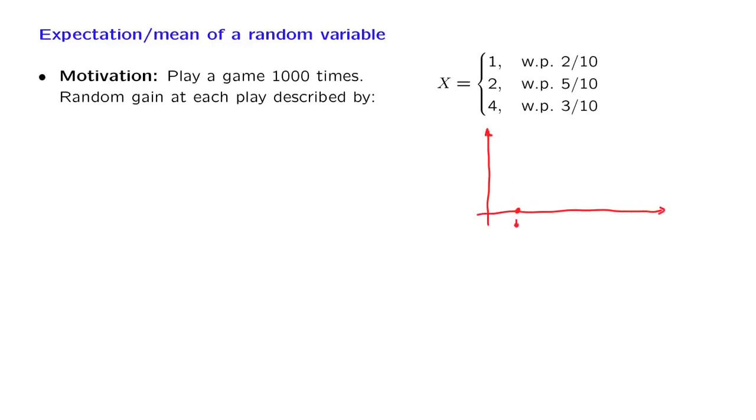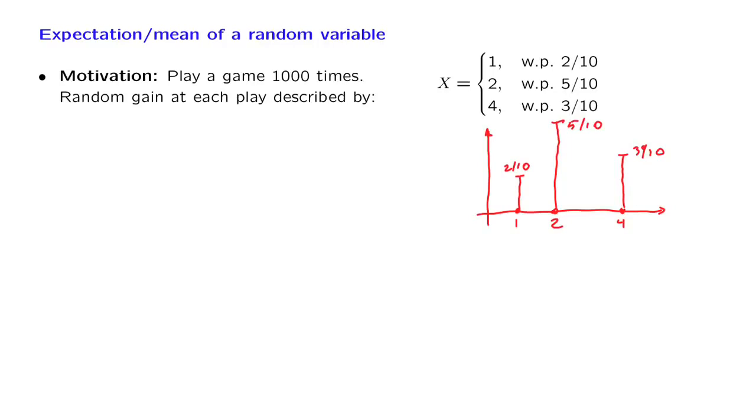It takes values 1, 2, and 4, and the associated probabilities are 2/10, 5/10, and 3/10. How much do you expect to have at the end of the day?